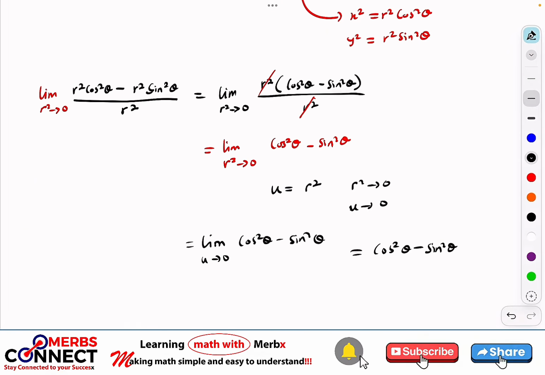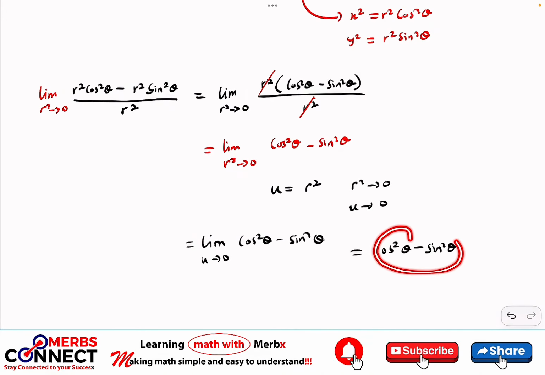In most cases, if it is objectives, they can just leave the result like this and you check from the multiple choice whether you have this option. Or we can say that the limit does not exist. Why? Because the limit depends on theta, and it depends on the value of theta that we get. So if theta is, let me assume, 90, then cos pi on 2 is 0, and sin pi on 2 is 1.